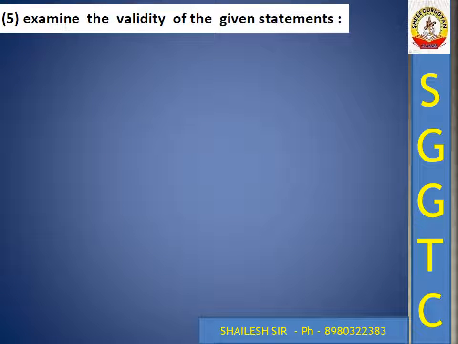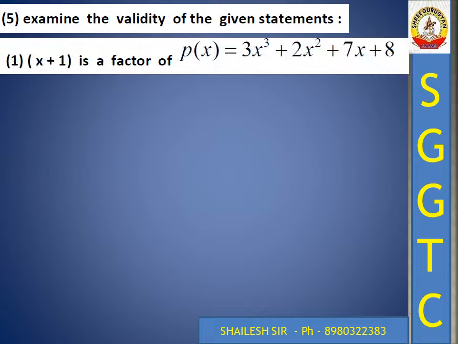Question number 5. Examine the validity of the given statement. Validity means I just check whether the given statement is true or false. So students, let's start question number 5, our validity. Given x plus 1 is a factor of the given px. Whenever it is a factor, I must prove my remainder is 0.